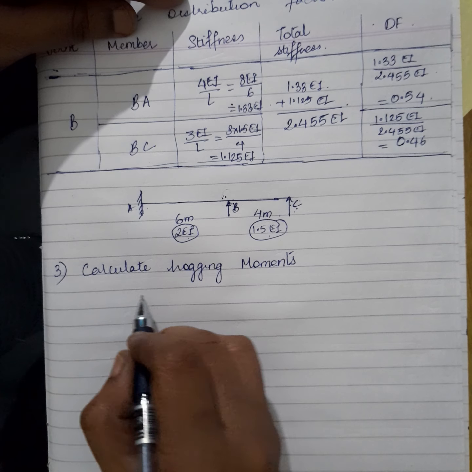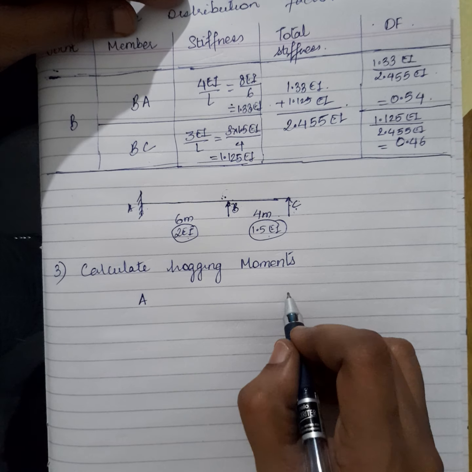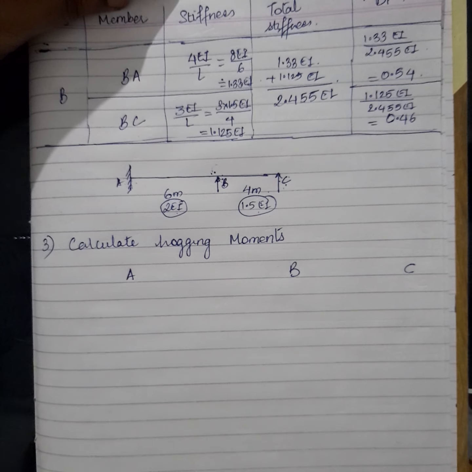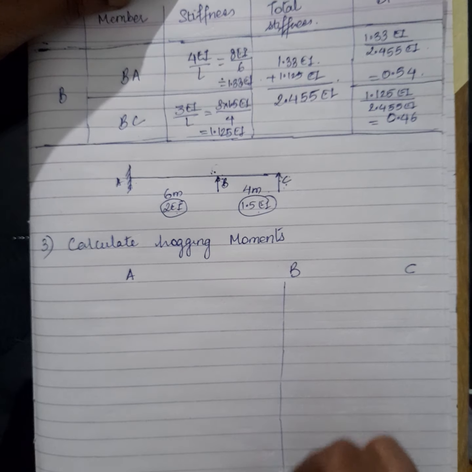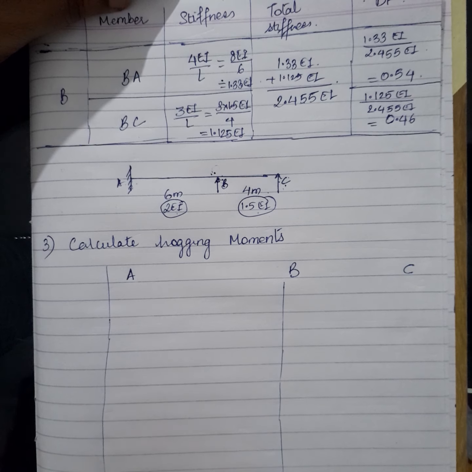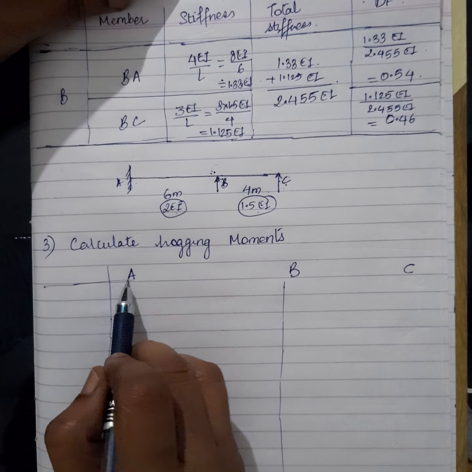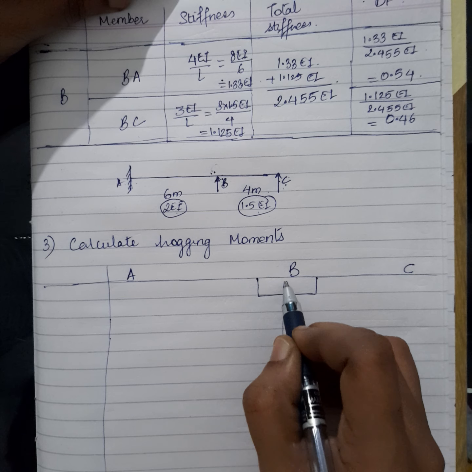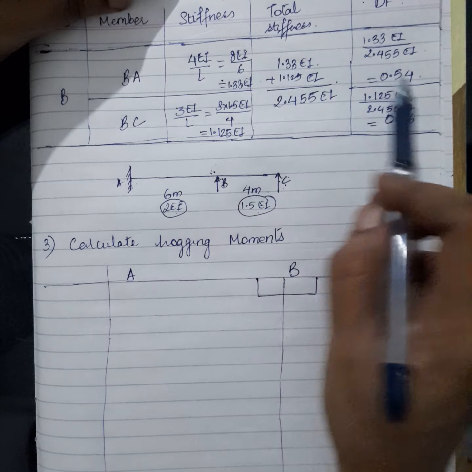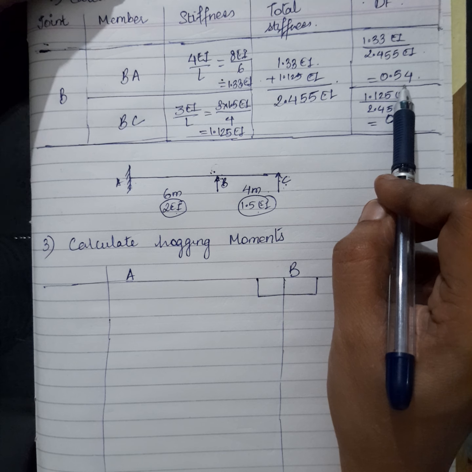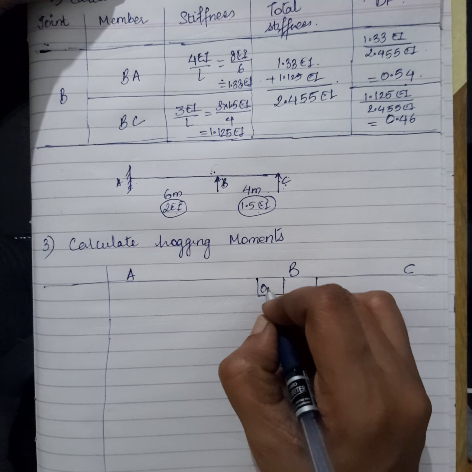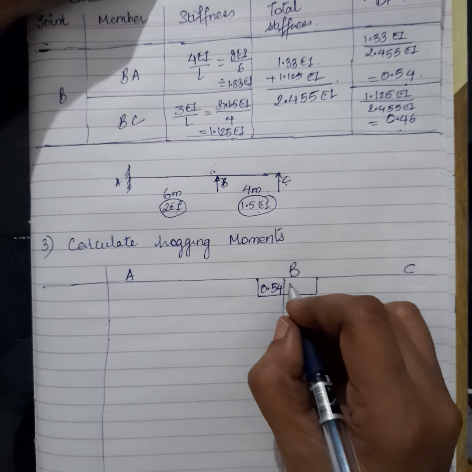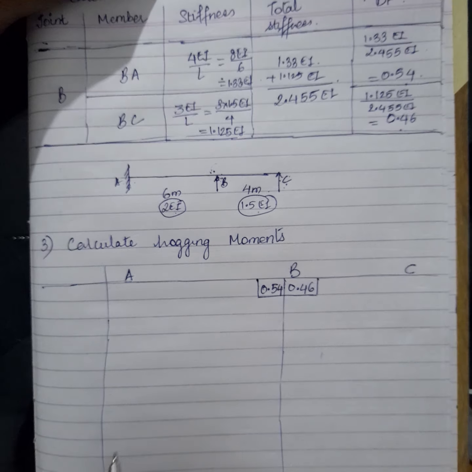Span A, B and C. Enter the distribution factor here. So for BA, what is the distribution factor? 0.54. Enter that here. For BC, it is 0.46.